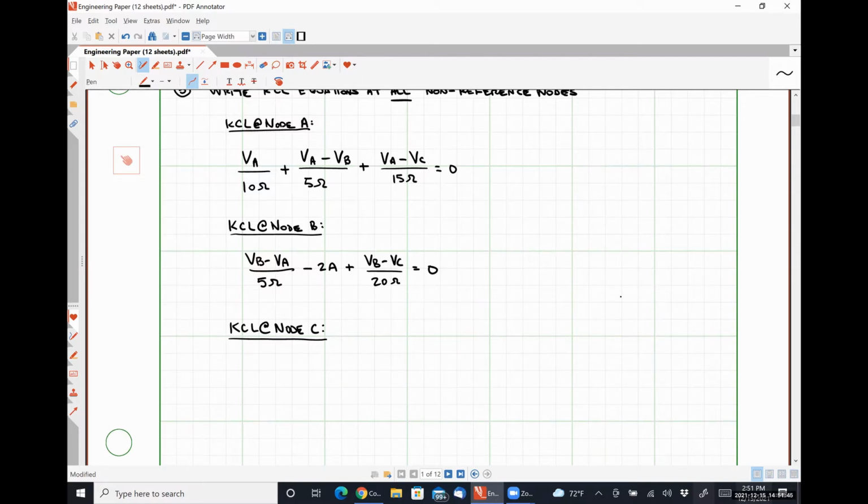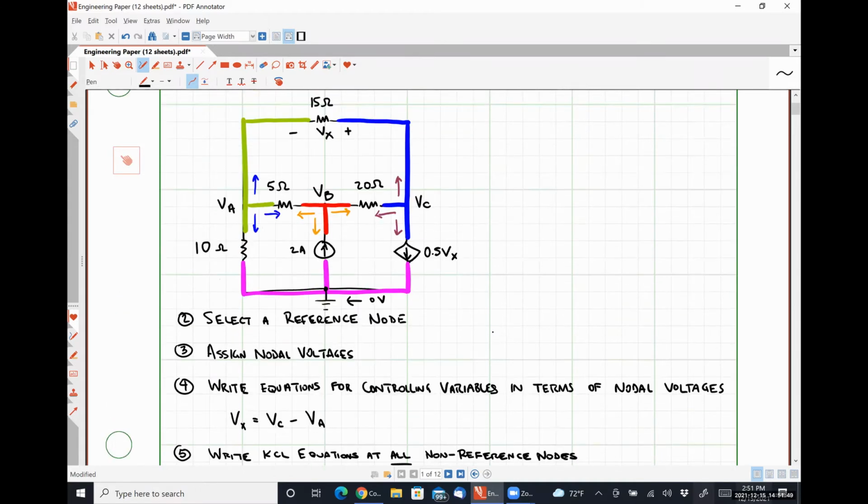I'm sorry, what's that? So all of our currents are originating at node C, and then for the 15 ohm resistor, it's terminating at node A. No, we're using nodal voltages. So we're using VA, VB, and VC.